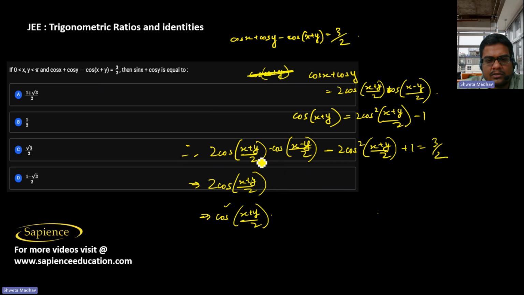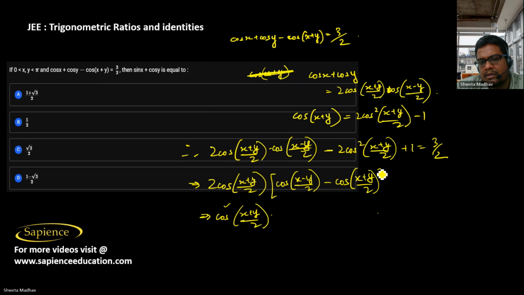This will be 2 cos (x plus y) by 2. If I take as common, then inside we will get cos (x minus y) by 2 minus cos (x plus y) by 2, that is equal to 3 by 2 minus 1, which is half. So now this will be cos(a minus b) minus cos(a plus b), which is equal to 2 sin a sin b.